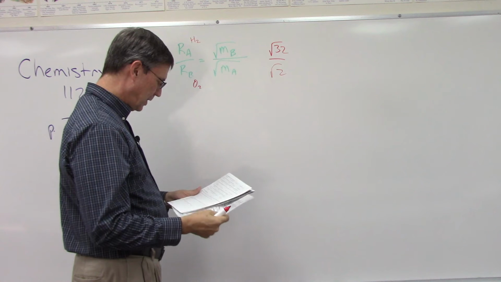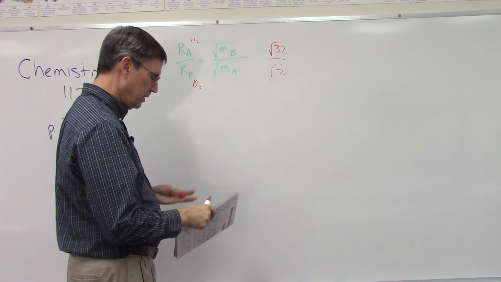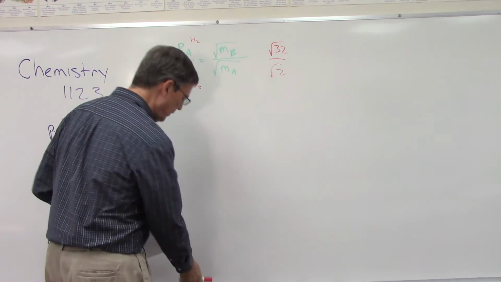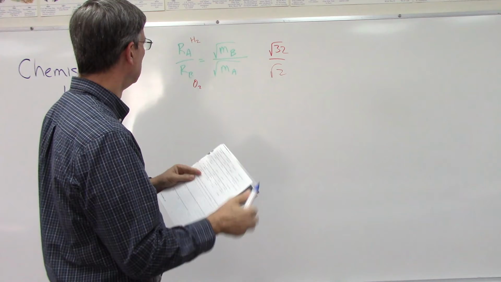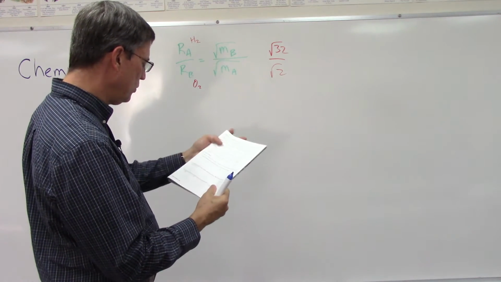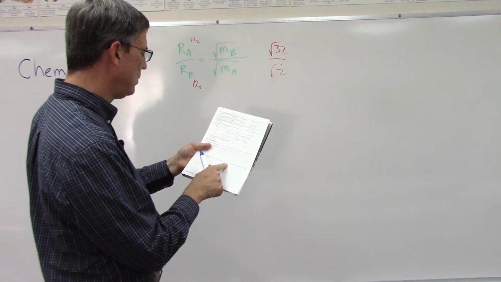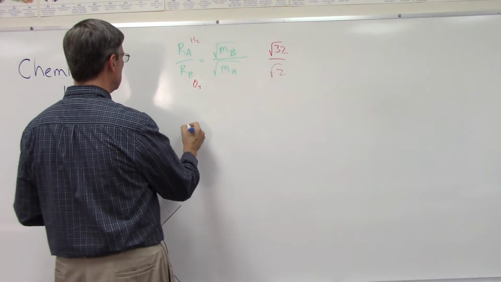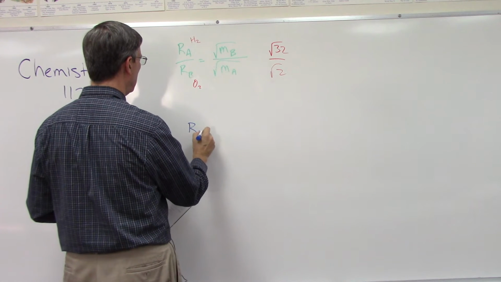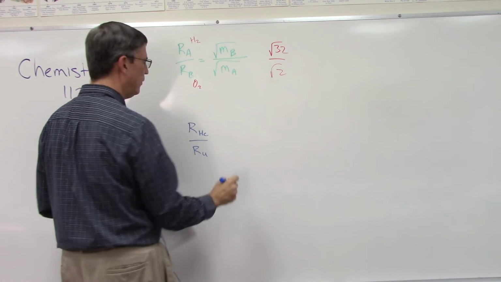Let's talk about number 43. Let me get a different color here just for the fun of it. We're going to start with the same root formula. It says a sample of helium effuses 2 times faster than another gas. We don't know what that gas is, but let's abbreviate it: helium, He, and U for unknown.